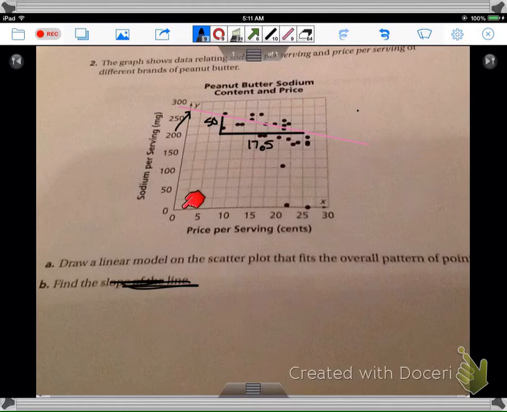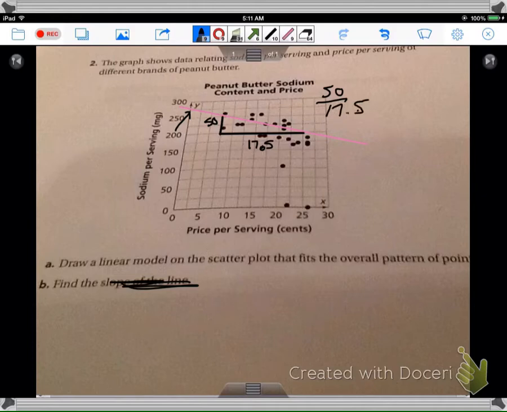And here they're counting by 2.5, 0, 2.5, 5, 7.5, 10, etc. So this is 2 25s or 50. And for this I did 5, 10, 15, and then 2.5 makes 17.5. So my rise is 50, and my run is 17.5.